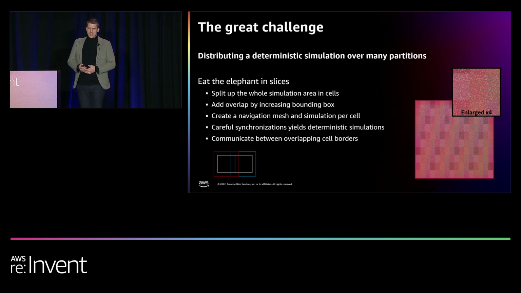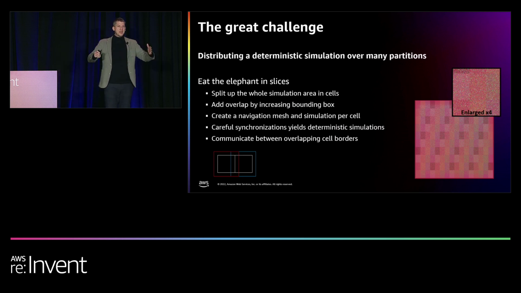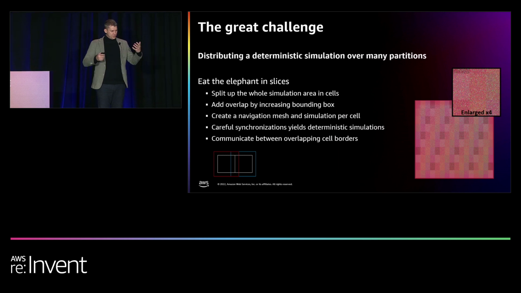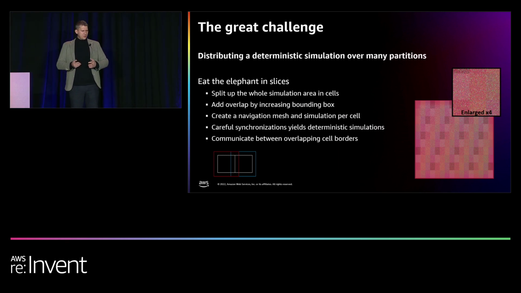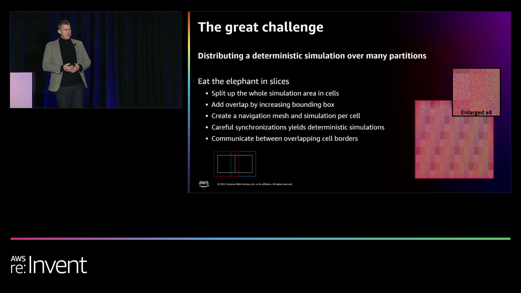So, one of the ways to solve it is to eat the elephant in slices, because it's a big problem. So the first thing we did was we split up the whole environment into cells, like Ritz explained. And then we increased the cell size so that there would be an overlap between different parts of the simulations. And since our simulations are deterministic, that is OK.